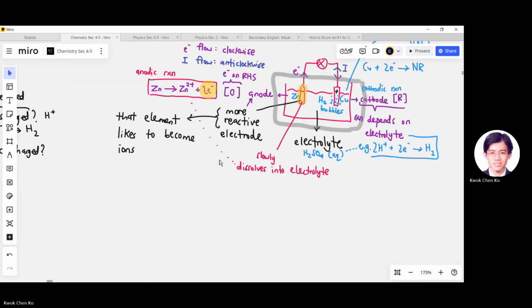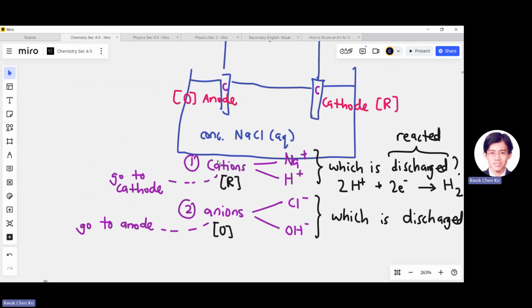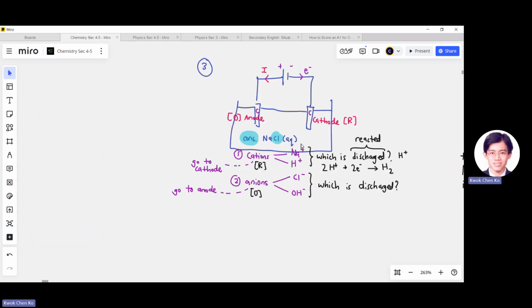I did write this down, didn't I? This is important. Try to put a highlight or something. Concentrated. So I have a lot of chloride. So in this case, there's an exception. I go back to my list.